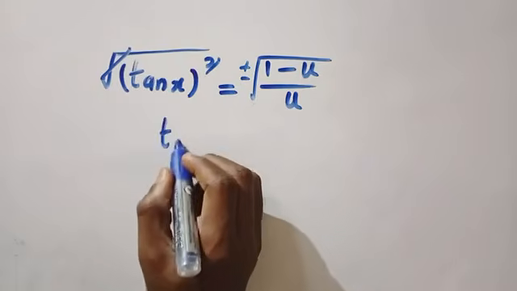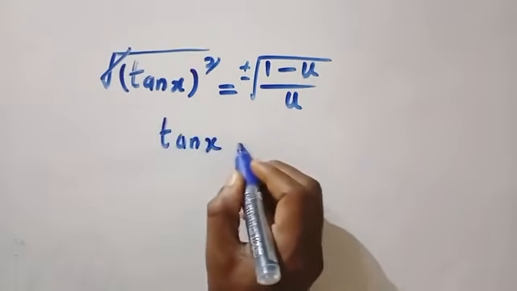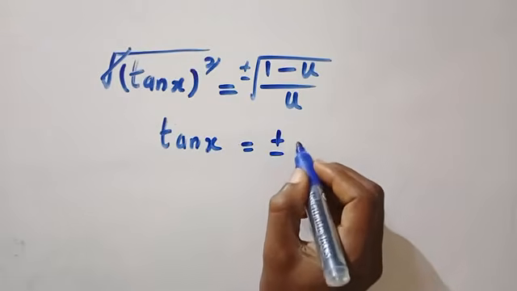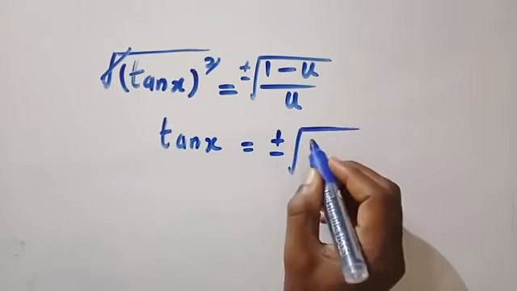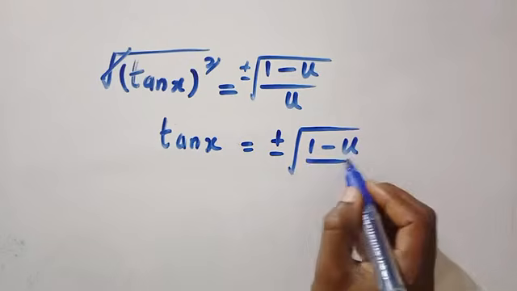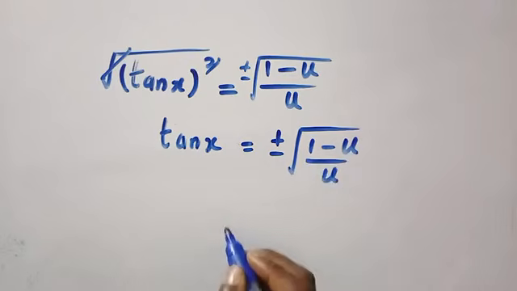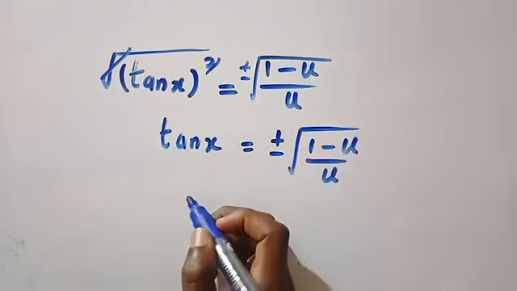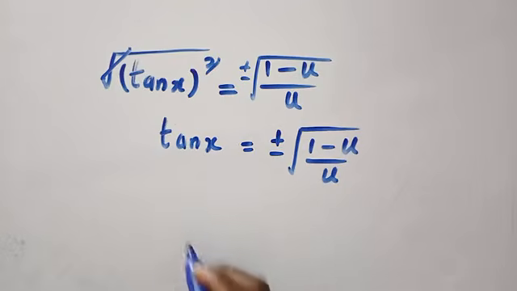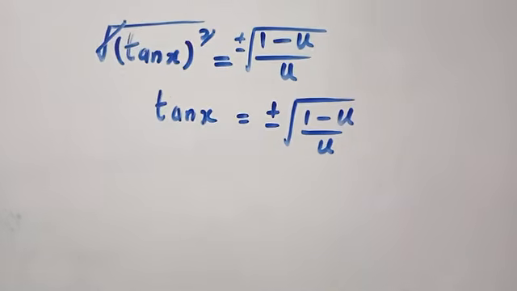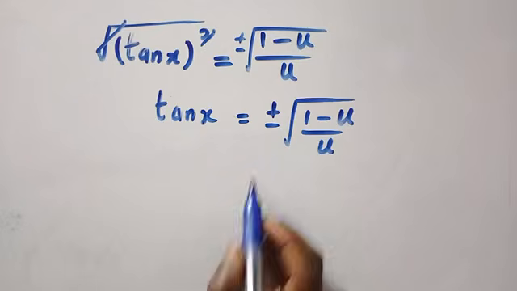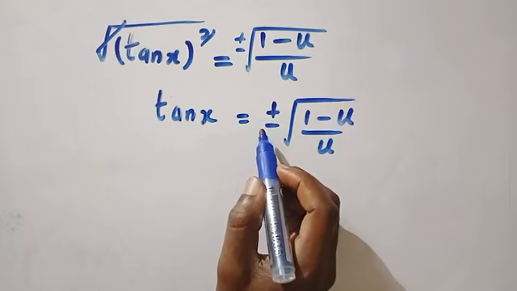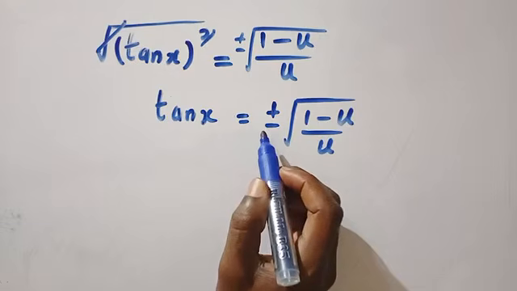This gives us tan x equals plus or minus the square root of 1 minus u divided by u. So here we have expressed tan x in terms of u, but this is plus or minus. How can we deal with this? It's very simple. The sign here depends on the quadrant that we are dealing with.